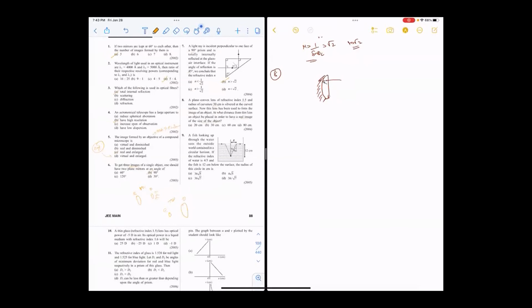It is like a concave mirror. Agreed? The surface is silvered. So what is the power? What is the F of a concave mirror now? He gave R as 30 centimeters, and mu is equal to 1.5.